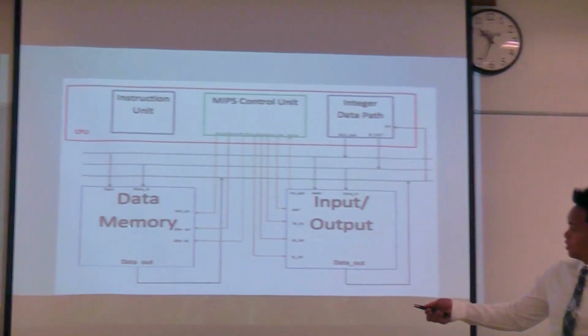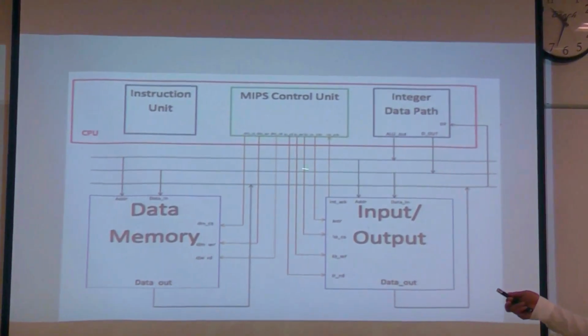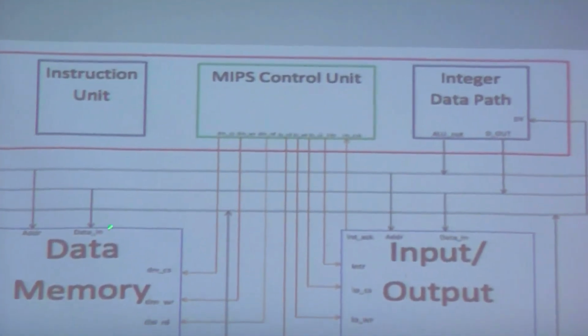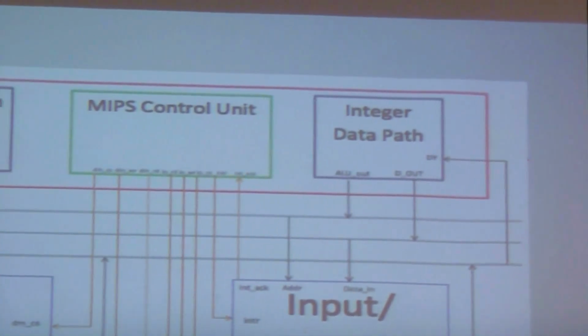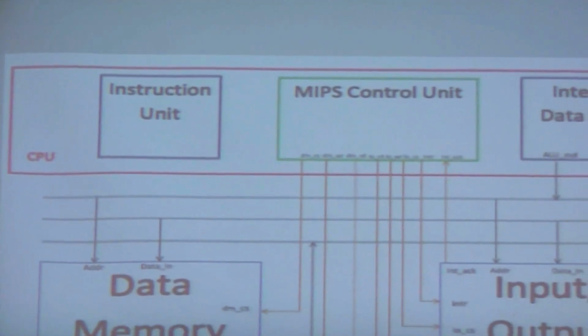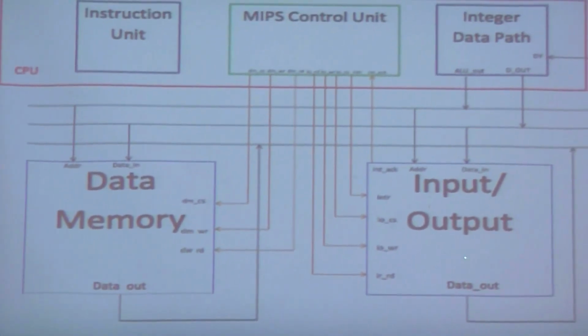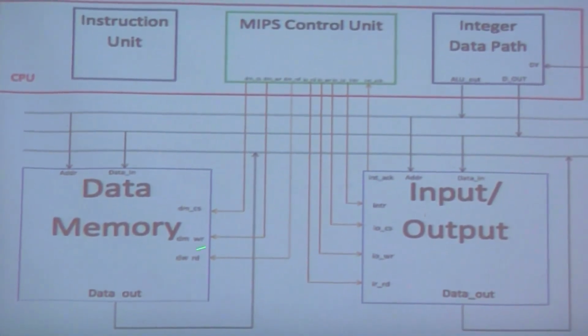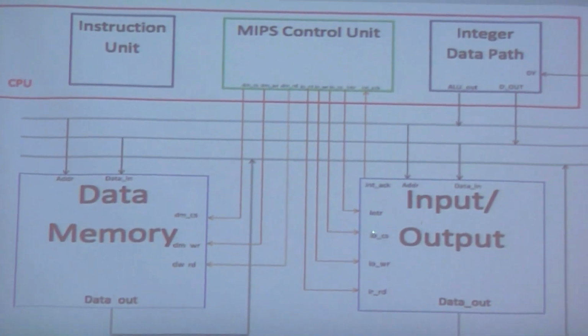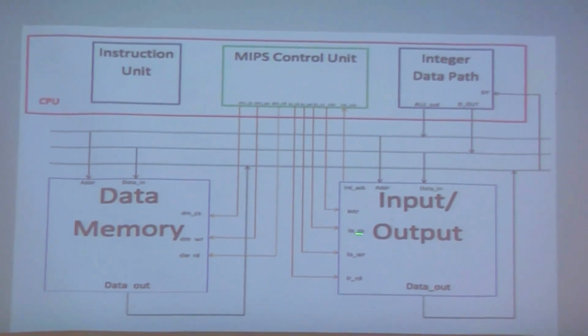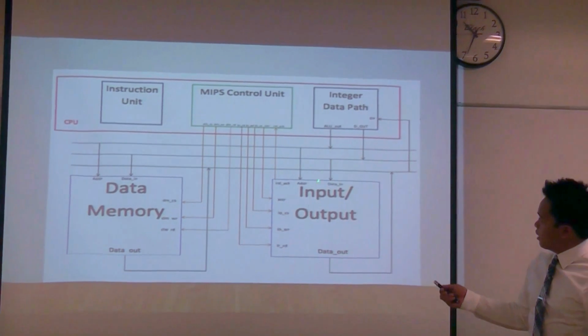So within the CPU test, we have 3 buses for address and data in for the data memory and input output memory. Now, whichever memory is asserted depends on the chip select for either data memory or input output.